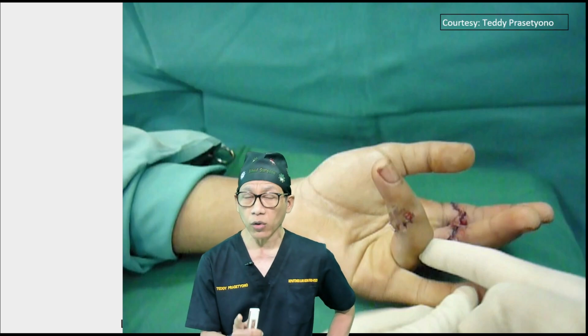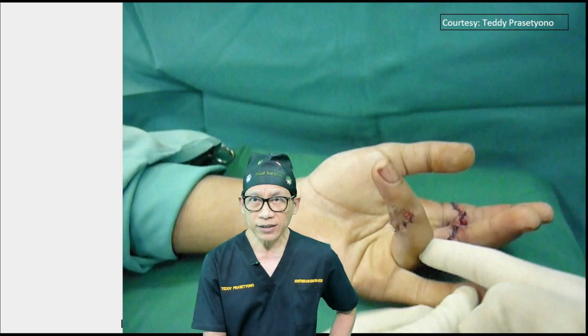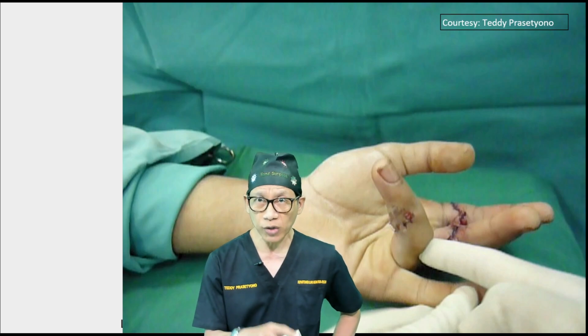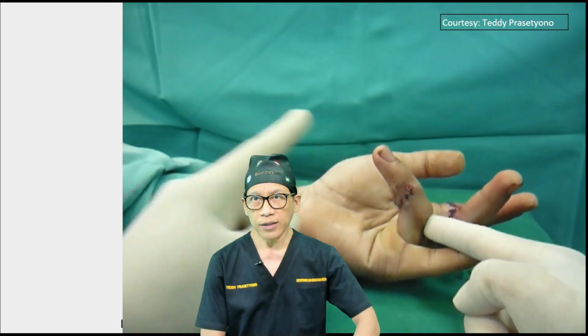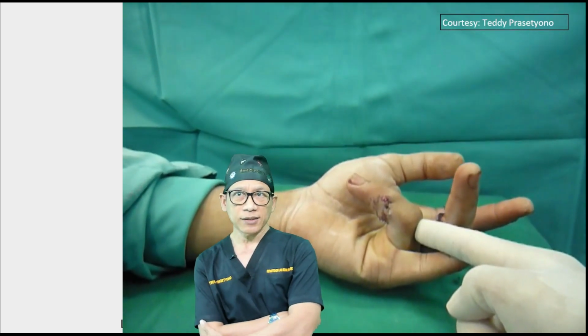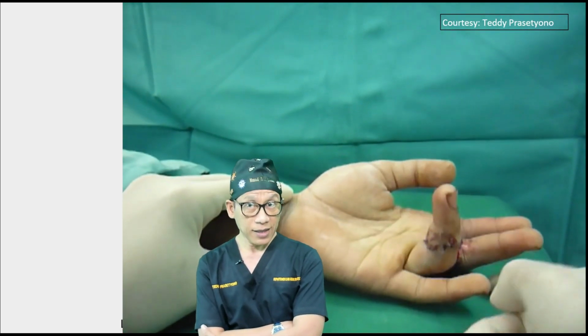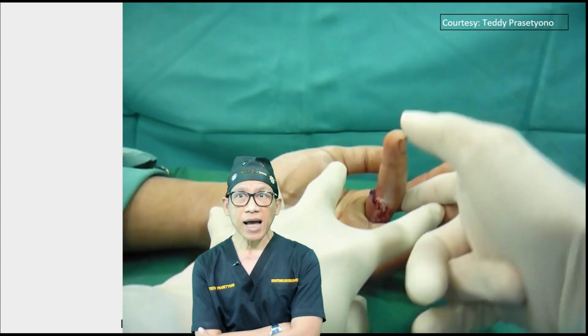Now you could recall the functions that may relate to the potential anatomical structures that are injured. So I ask the patient to flex the ring finger. Now you could see whether it is flexing. Yes, the patient could flex the PIP.